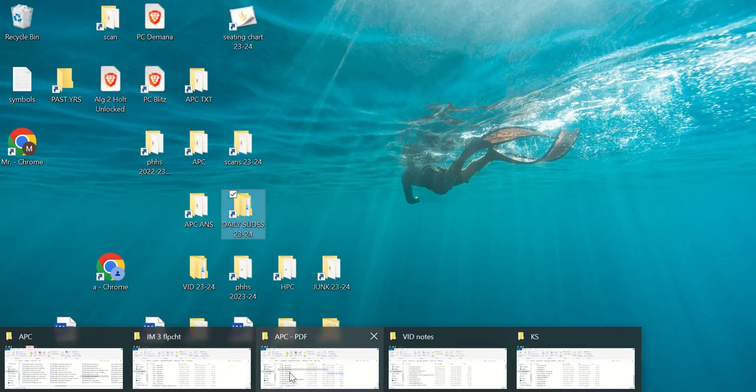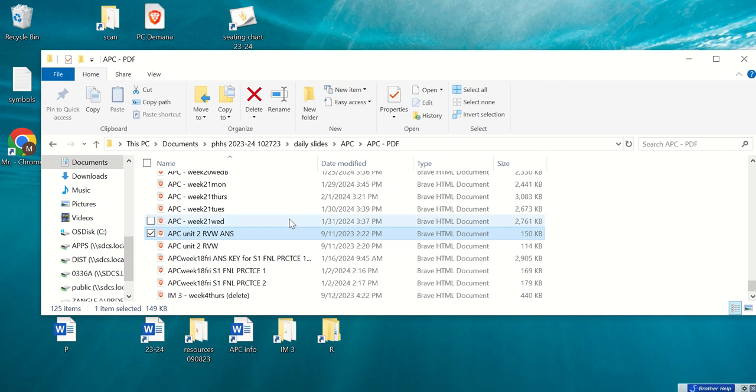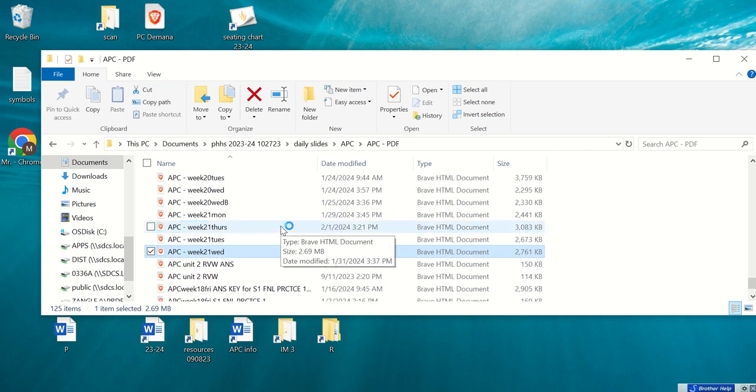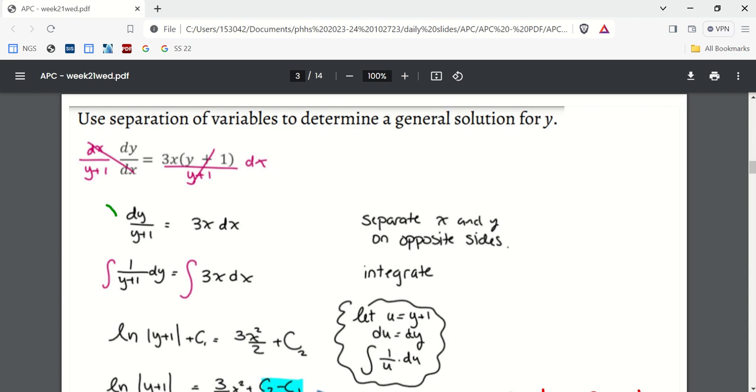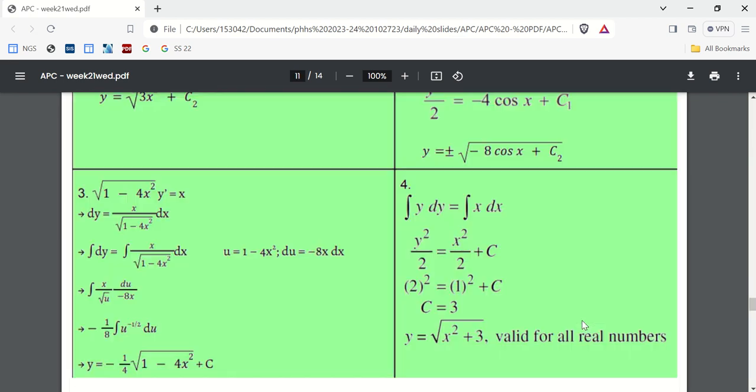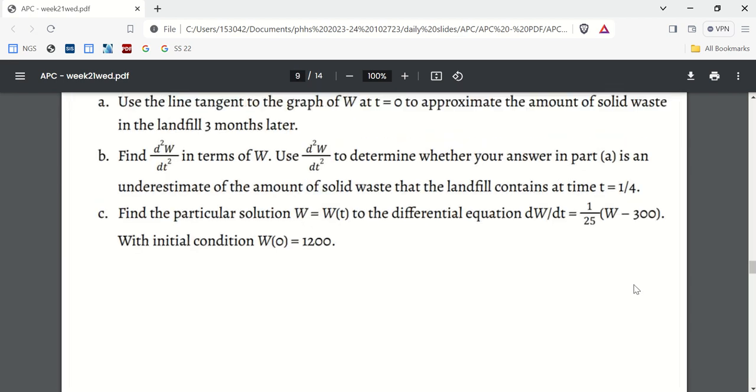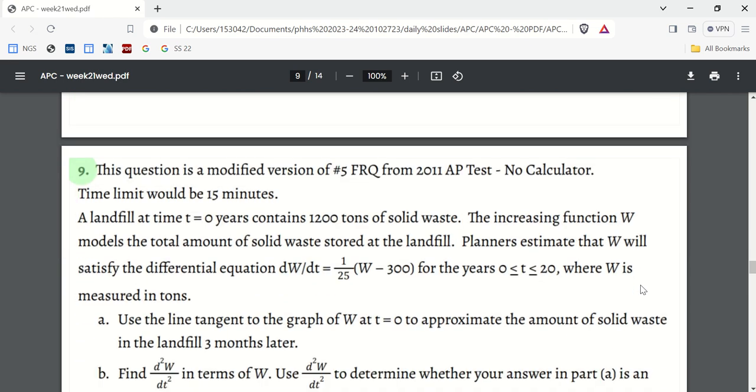Let's see if I can load it faster here. Let's look and see if they provided you with the diagram over here.